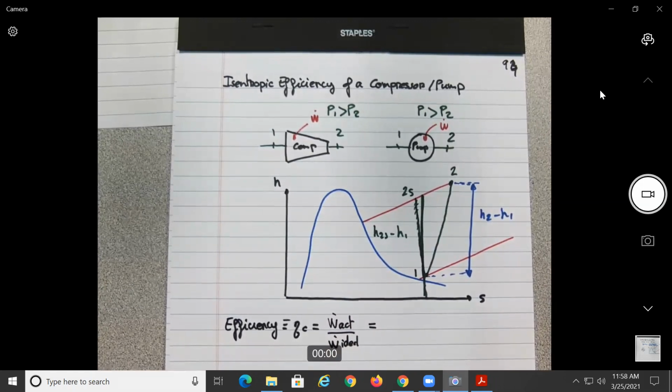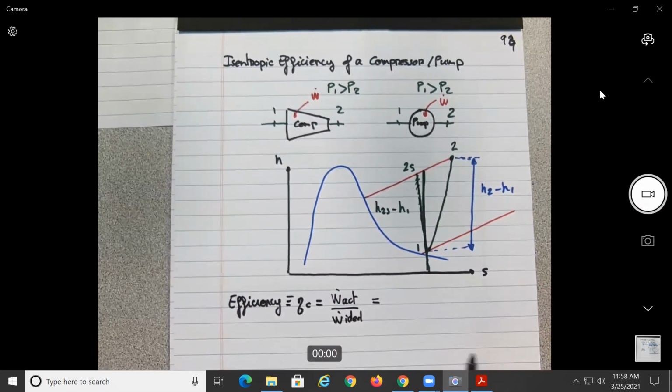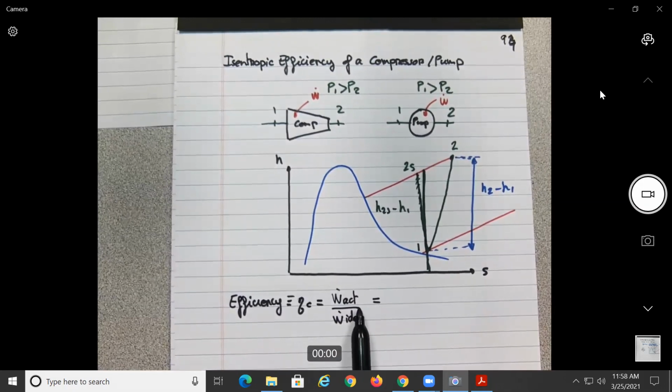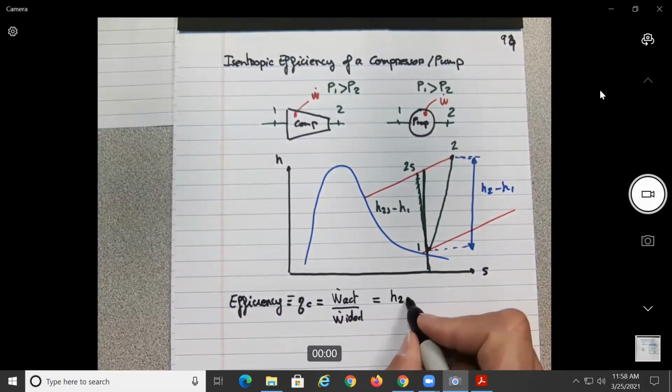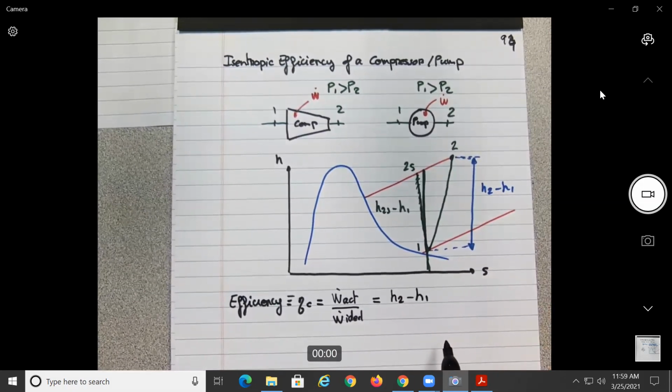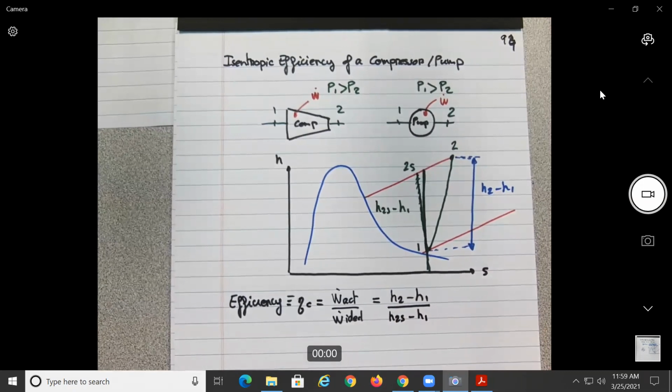Be careful here, because you're going to see what happens. The actual here should be equal to what? H2 minus H1, correct, divided by the ideal, that will be H2s minus H1. This is kind of what we did before, no?